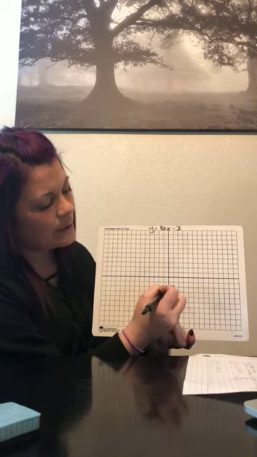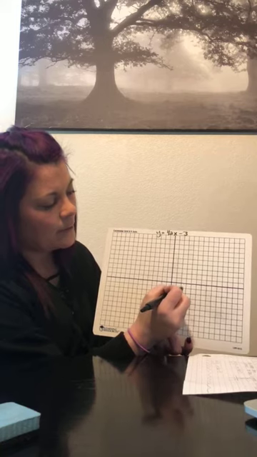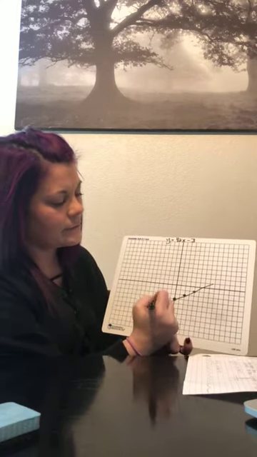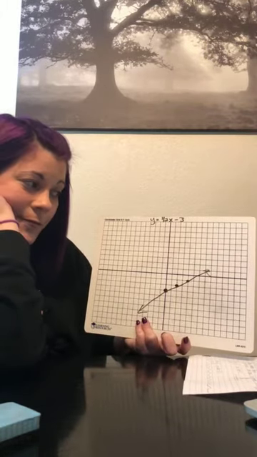And then 1/2 means we go up 1 over right, because remember it's rise over run. Up 1 over 2 to the right. Graph that, and there we have our graph. So that is slope-intercept form.